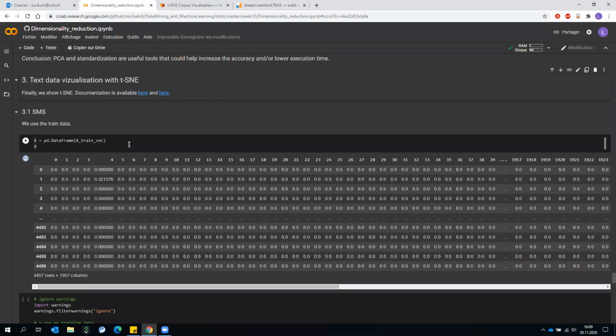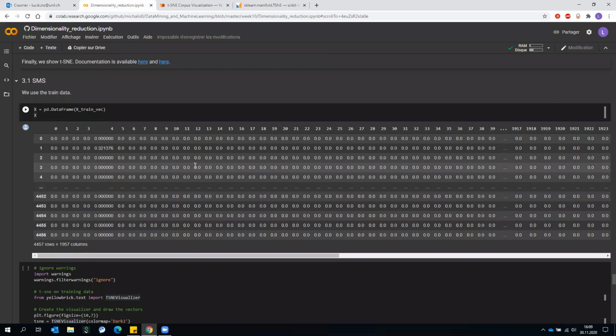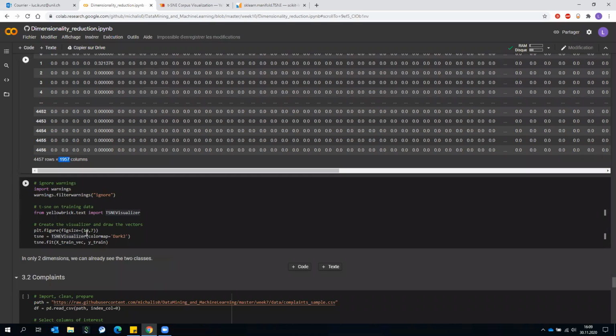So this means that we go from this 2000 dimensions to only 2 dimensions. And then we plot it because this is a visualizer, so in 2D. And basically I can run this. So as always, we create an instance of the class, we specify the color we want, and then we fit it.